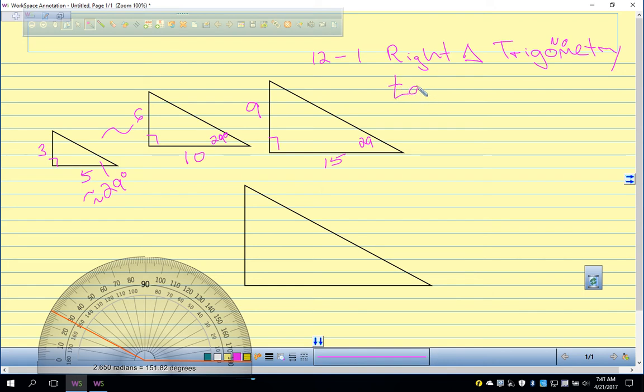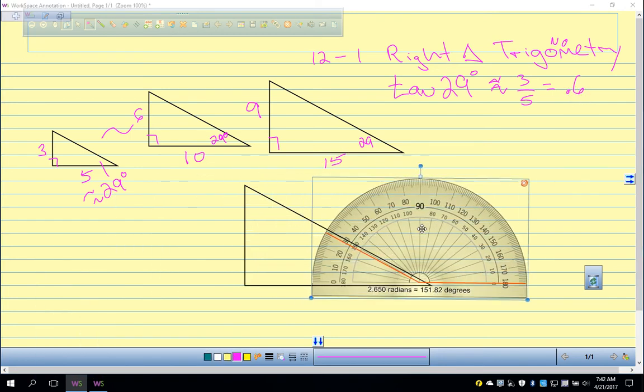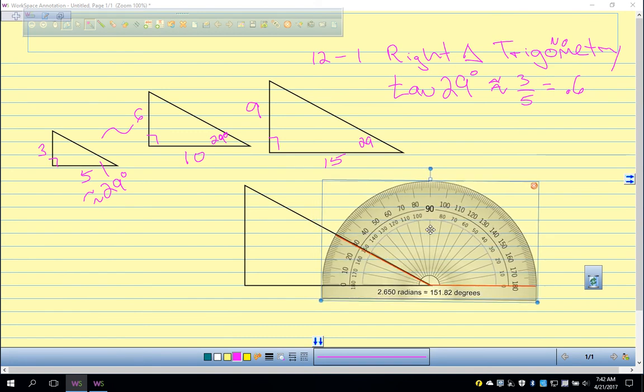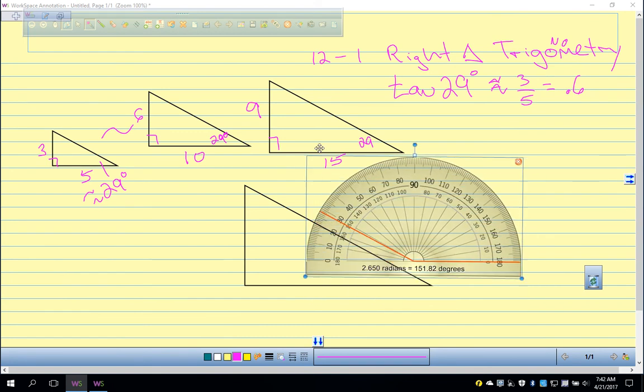The tangent of 29 degrees is going to be approximately equal to 3 over 5, which is what? What's 3 over 5? It comes out to be a decimal. What do you get as a decimal? It's exactly 0.6. So I'm not sure if I measured that right. Maybe it'd be better if I measured it on this one. It still looks like about 29 degrees.